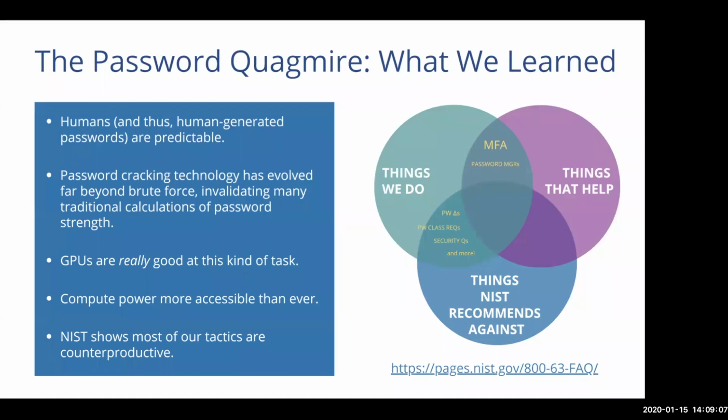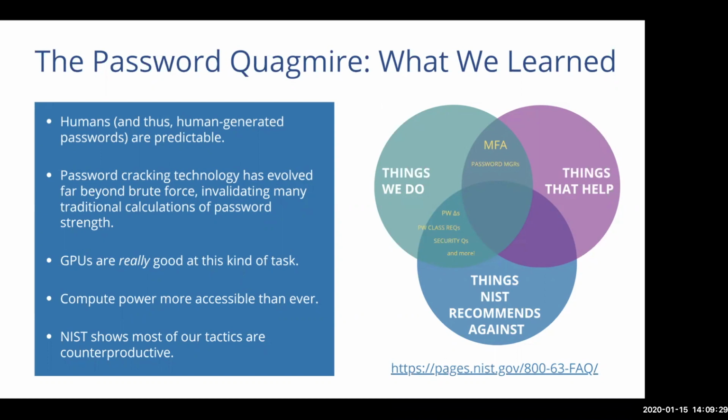The first thing is that humans are really predictable, and thus human-generated passwords are very predictable. Adversaries know that. They know that if we require you to have a special character in your password, it's probably going to be an exclamation point, and it's probably going to be the first character, the last character, or a delimiter between words.